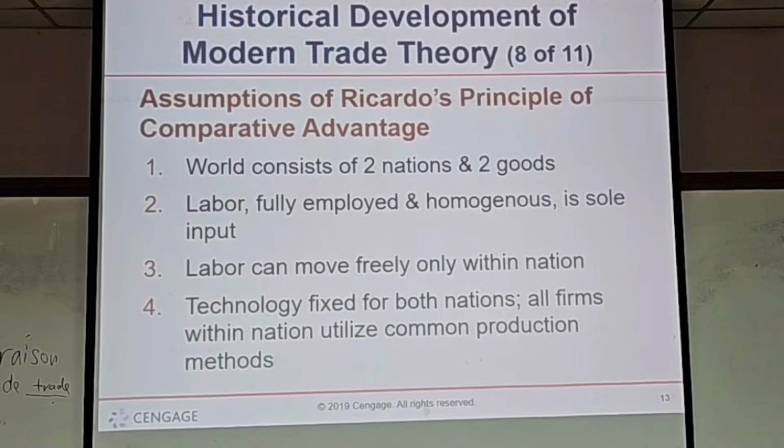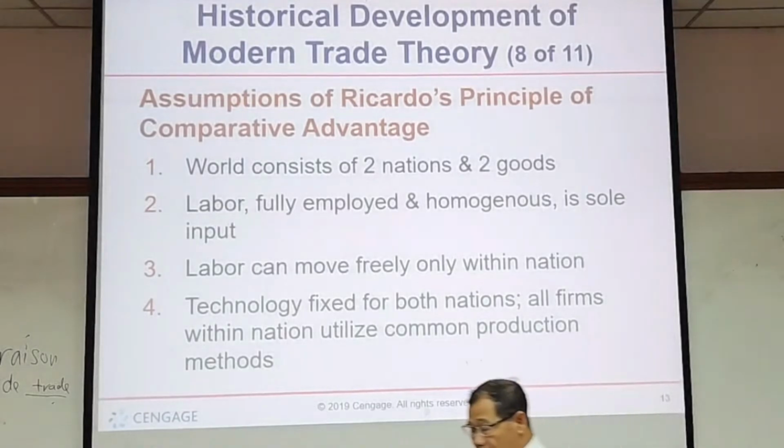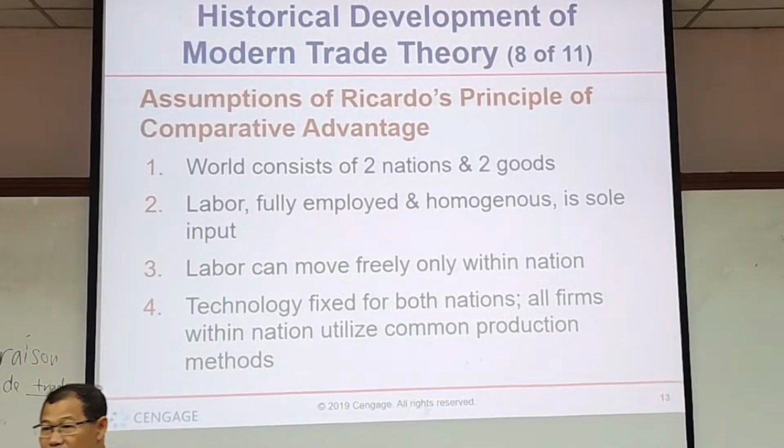Two nations, only two goods. Labor is fully employed, homogeneous, capable of making clothing, and can do the same if you bring them to the rice field. For both nations, given and fixed. Labor is homogeneous, with common production methods of the same quality and type.